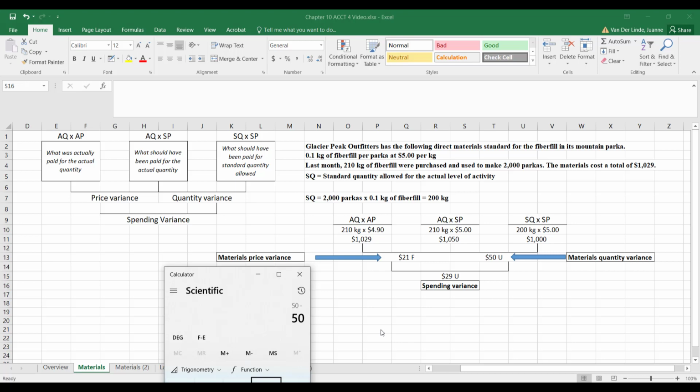So if you take that 50 minus the 21, you can think of this as $21 of that $50 unfavorable variance being consumed by that favorable portion. So you're still left with $29 of unfavorable variance left over.